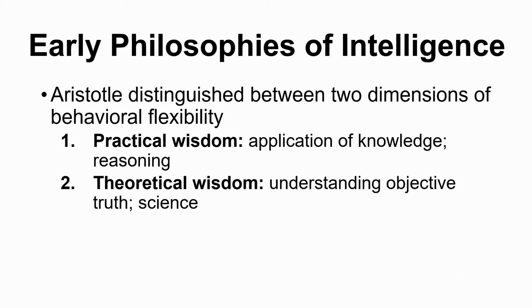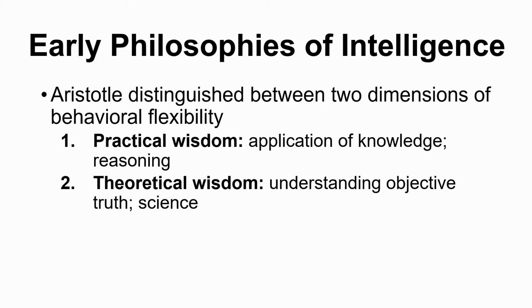So we can think of practical wisdom as being something that you can physically use and make use of in a situation, whereas theoretical wisdom would be something more theory-based. It isn't a practical knowledge, it isn't something that you are actively using, but maybe it's an understanding of the underlying concepts, and you could apply that theoretical wisdom across multiple situations.